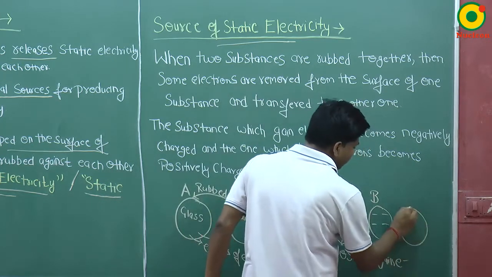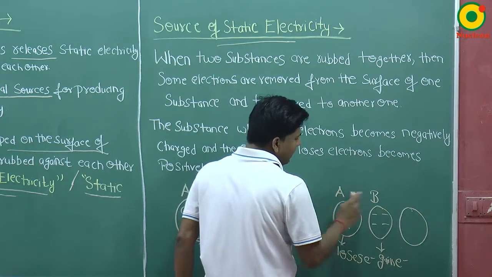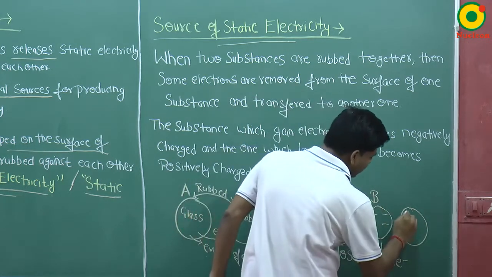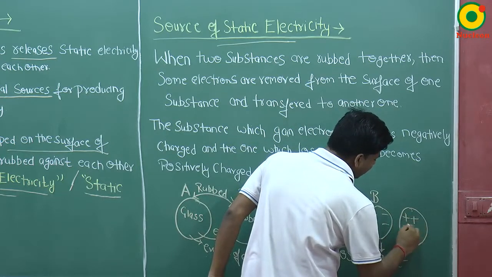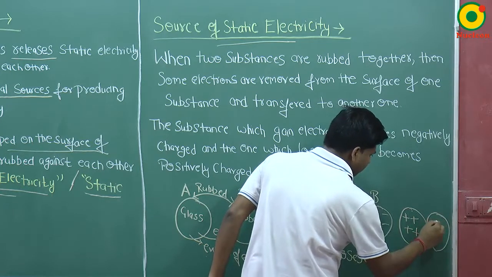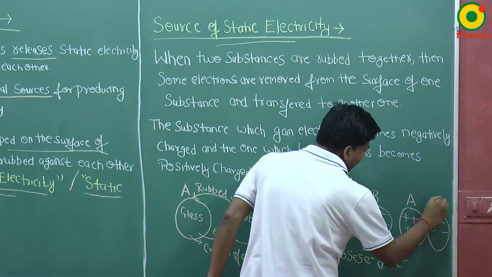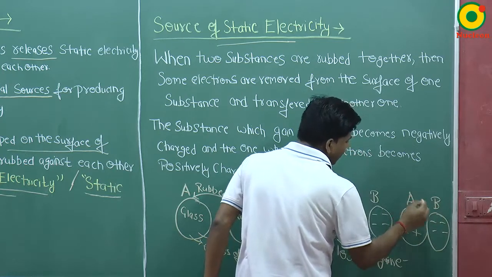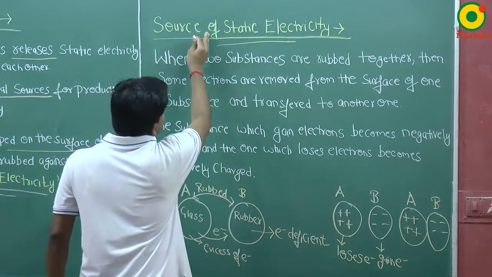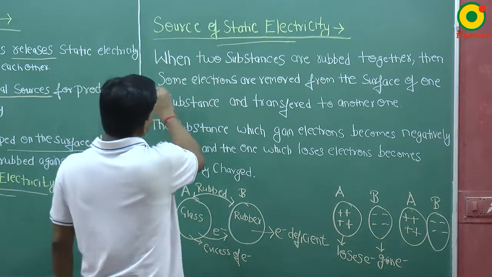Due to this action there is a force of attraction between body A and body B because of the opposite, or unlike, charges. So this force of attraction between two bodies when they are rubbed with each other is known as static electricity.